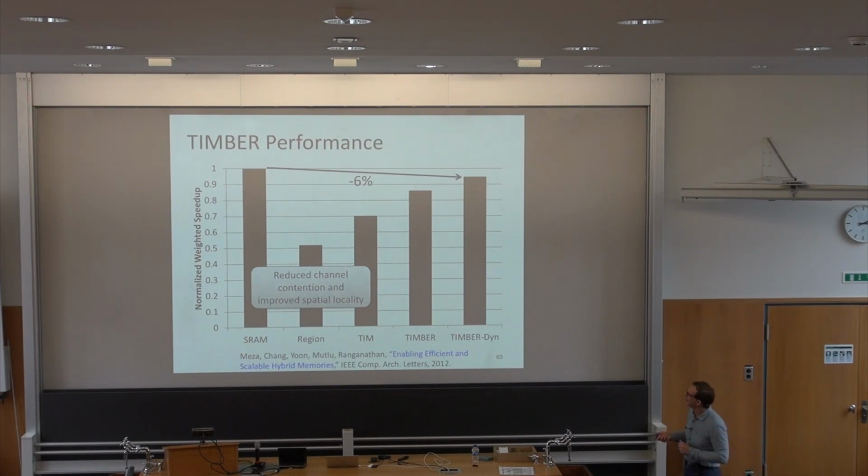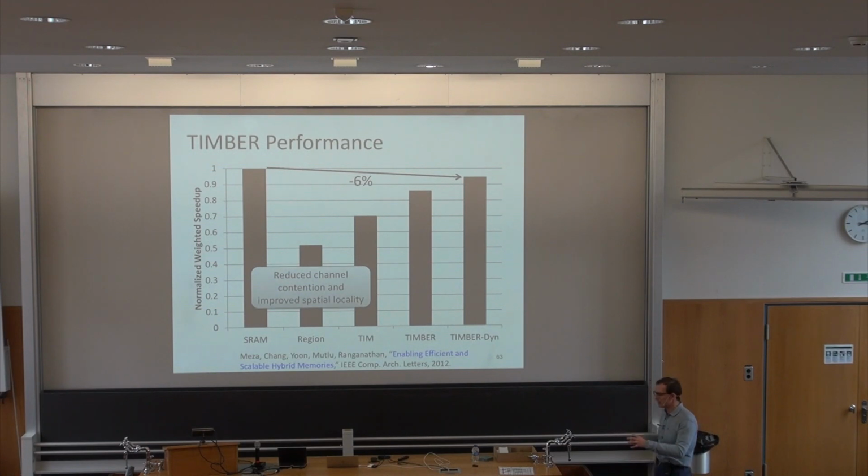Essentially, let's take a look at the results. So this is average across many applications. You can read the paper. This is an SRAM tag store. It's huge. It's not very efficient, as we will see in the energy results. This region-based tag store is what I described as idea 0, meaning you divide your bank.